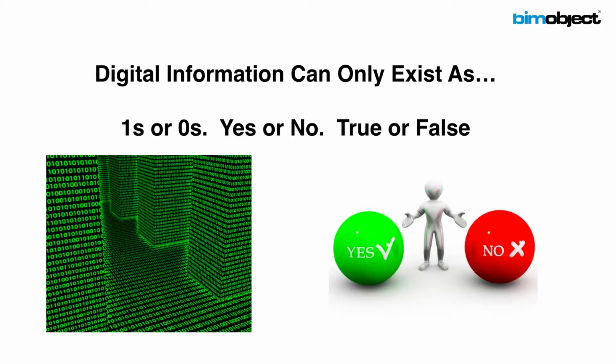It can only exist as ones or zeros, yes or no, true or false. Again, there's no interpretation. If it's a 1 or a 0, it's a 1 or it's a 0. Yes or no, green, red. There's no debate. There's no question. There's no maybe green. There's no orange. It's true or false. And that's key.